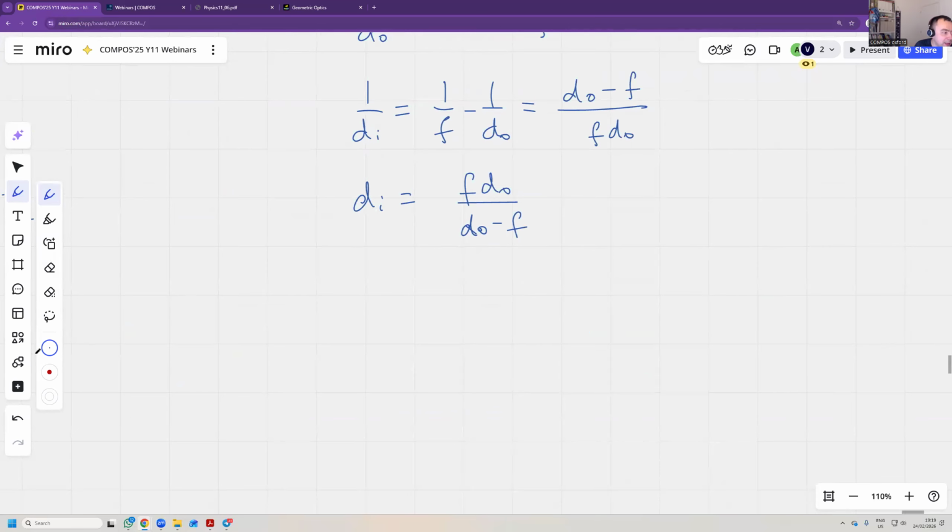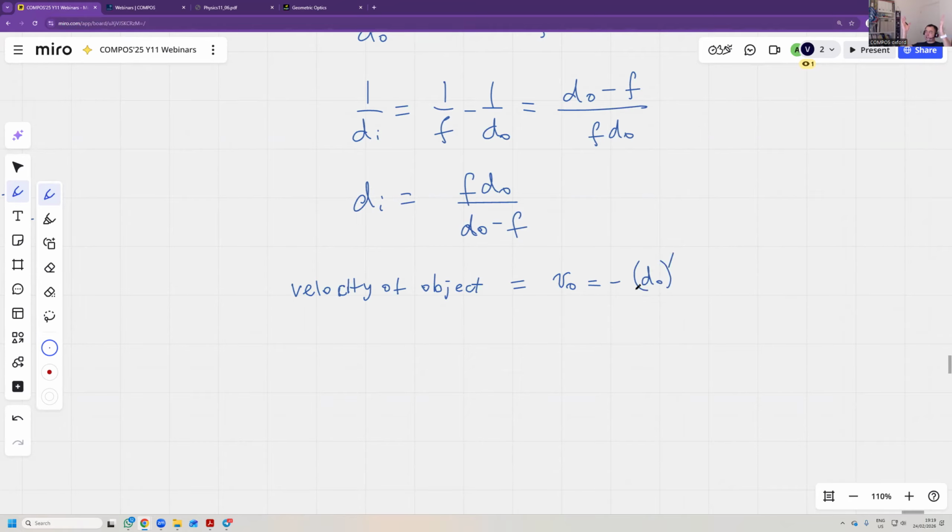And now, the velocity of the object, v0, is the rate of change. It's moving from left to right, so d0 is decreasing. It's the negative rate of change of d0, negative d0 dash. Why negative?